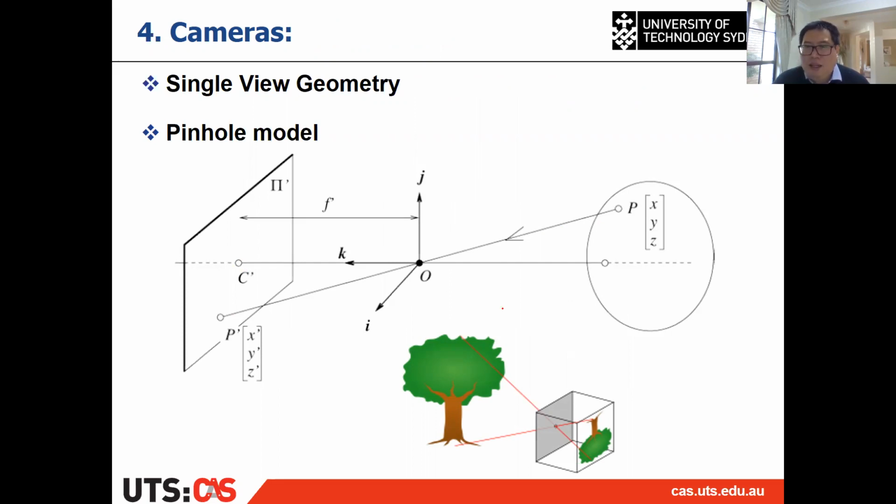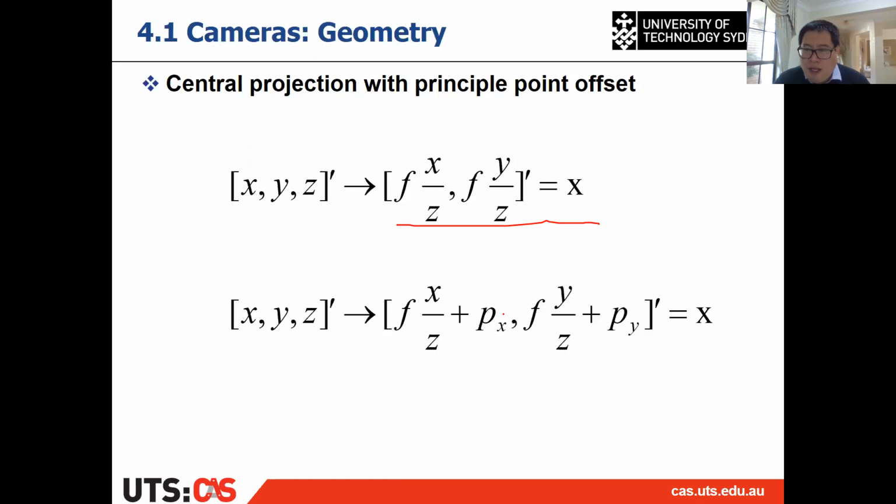Then for most images, because we always use the top left of the image as the origin, we need to do a principal point offset. And that is the principal point offset.